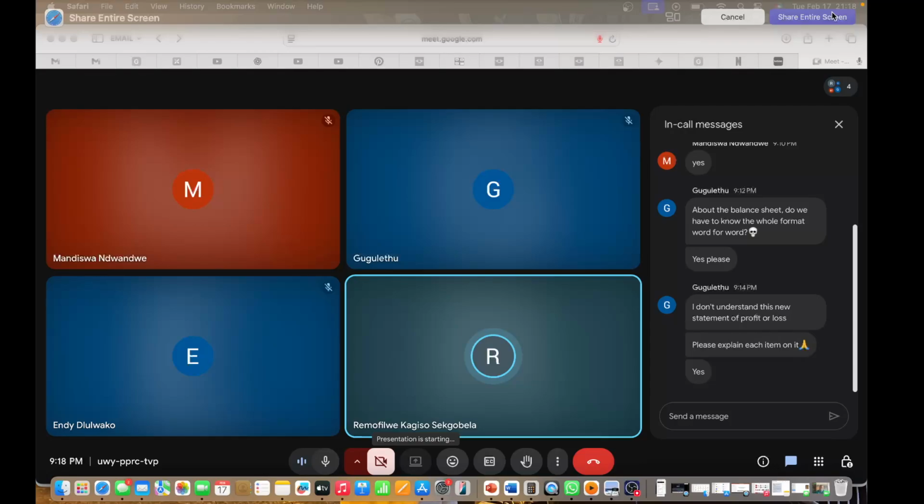So usually what I recommend for you guys here is that we know our ordinary share capital, our retained earnings, and our totals. And then here we're gonna have balance at the beginning of the year.